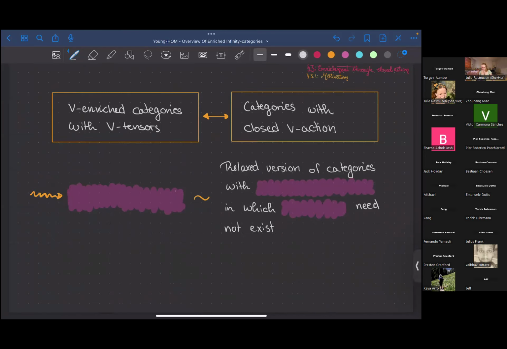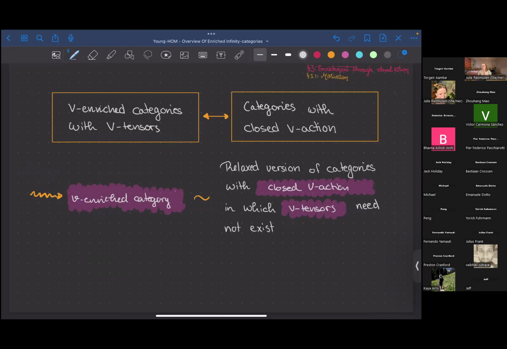So the idea is that we want to consider V-enriched categories as a relaxed version of categories with this closed V action, in which these V tensors do not need to exist. Because here, as it is right now, if we just consider closed V action, then we're getting more structure than we actually need.